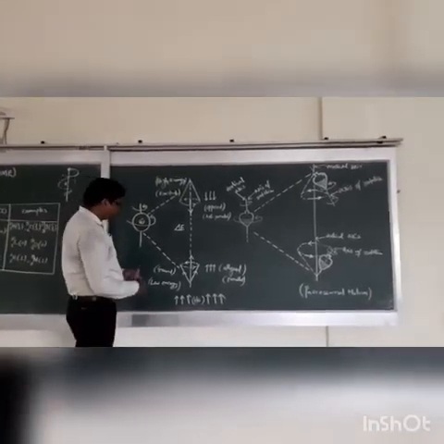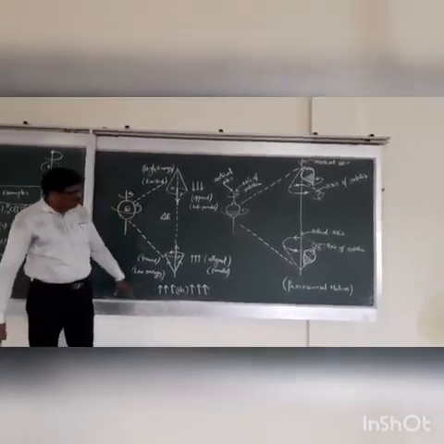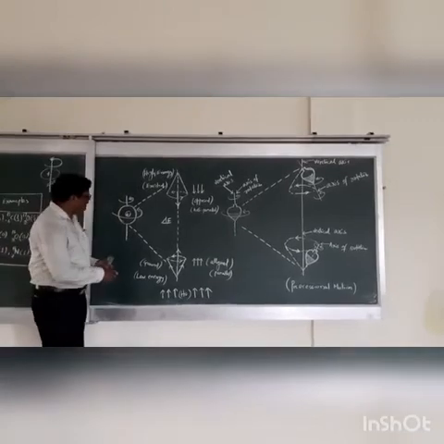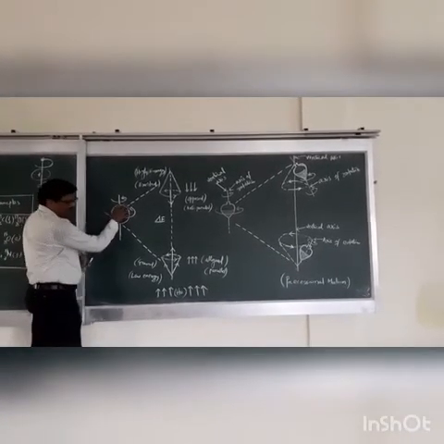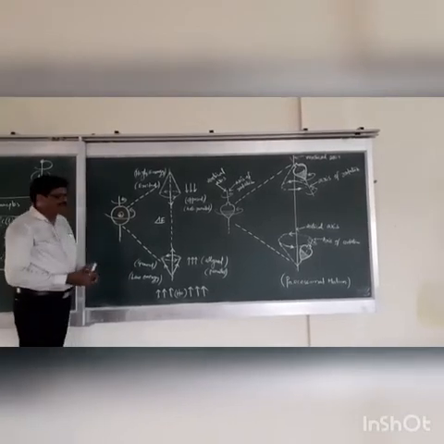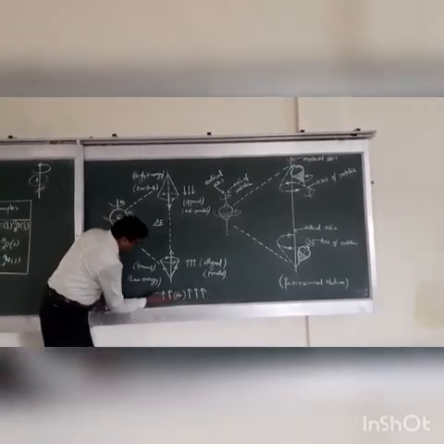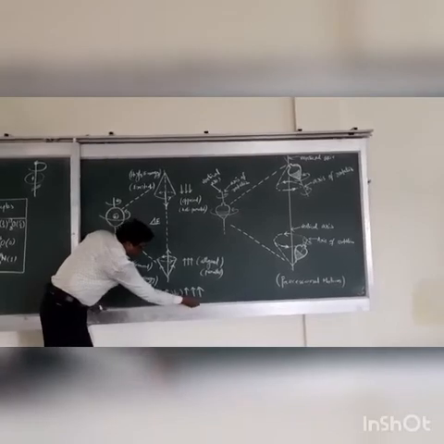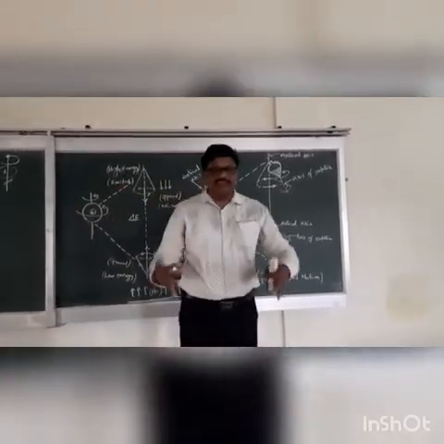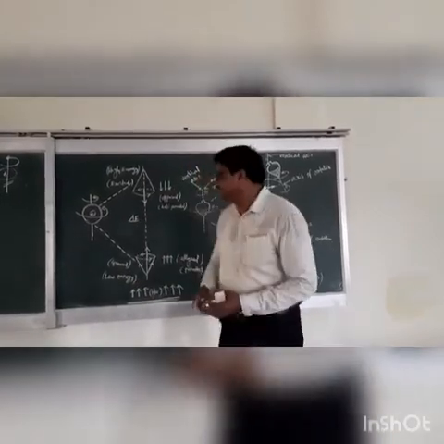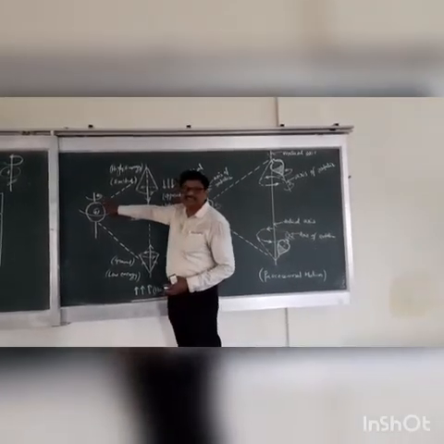Now what happens? If an external magnetic field is applied to this tiny magnet, this nucleus being a tiny magnet, the external magnetic field is applied from the downside, and this is the notation of the external magnetic field. At that time what happens? Due to the influence of the external magnetic field, it changes its magnetic field.